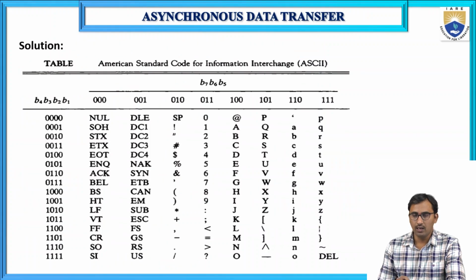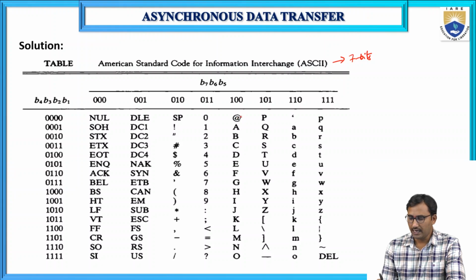So this is a list of ASCII codes. ASCII full form is American Standard Code for Information Interchange. Every character is represented using 7 bits. So ASCII is a 7-bit code. That means 7 bits are used to represent each character in ASCII.